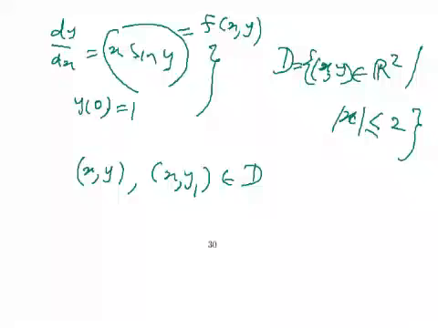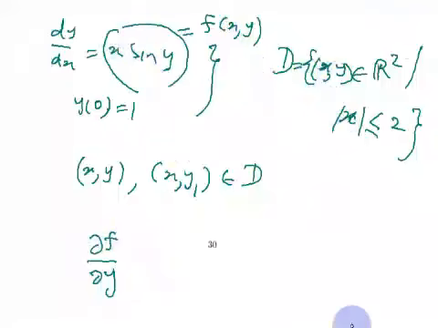You can show that, but I don't have time to prove it. So remember, if the derivative of f with respect to y in this domain is bounded, then we can say this function is Lipschitz continuous.